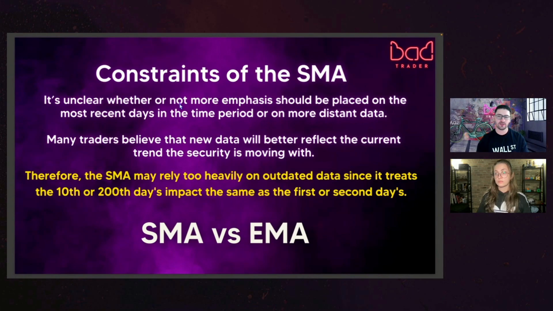The simple moving average gives the same importance to all of the days, compared to the exponential moving average, which we're not going to talk about, but it actually gives more importance to closer, more recent days. This is why many traders believe that new data will better reflect the current trend the security is moving with. I don't know, what's your opinion about it, Julia?